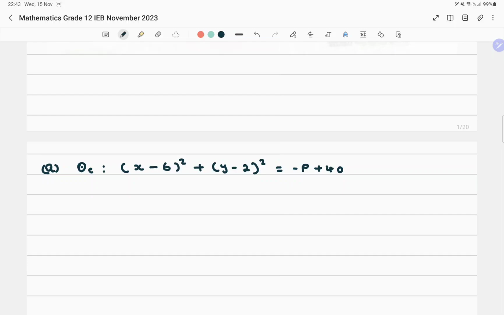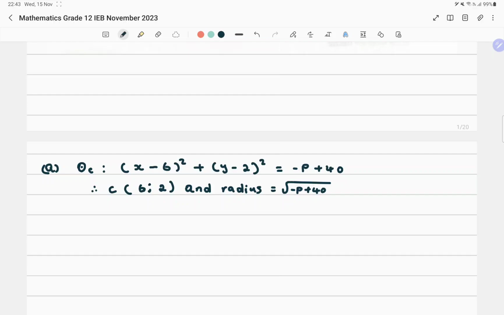All right, so we can say therefore the center C is going to be (6, 2), and the radius is going to be equal to the square root of minus p plus 40, because it would be the square root of this.